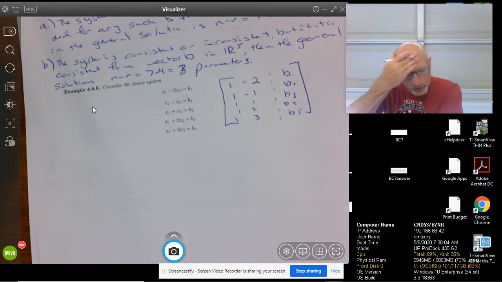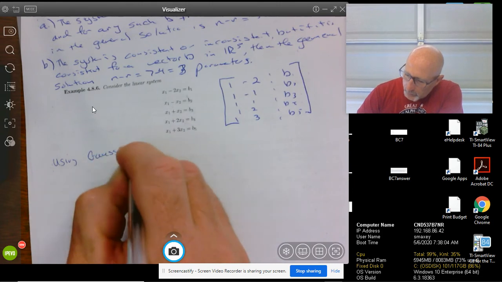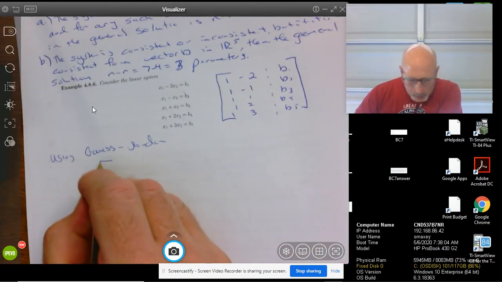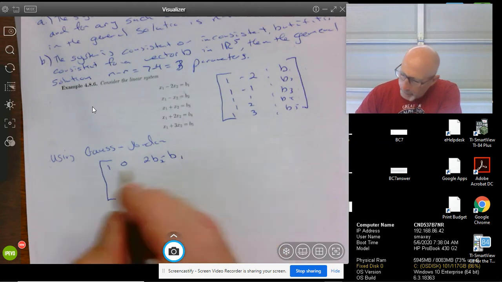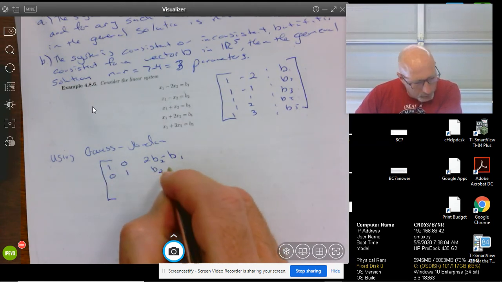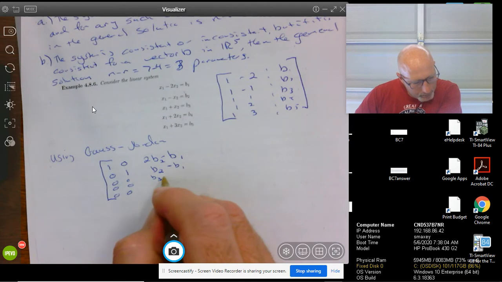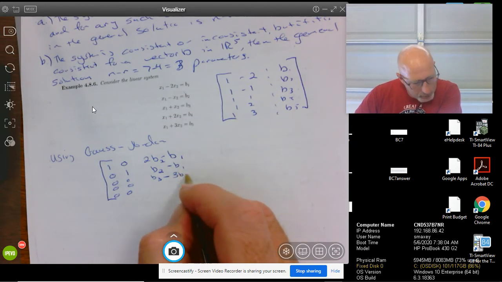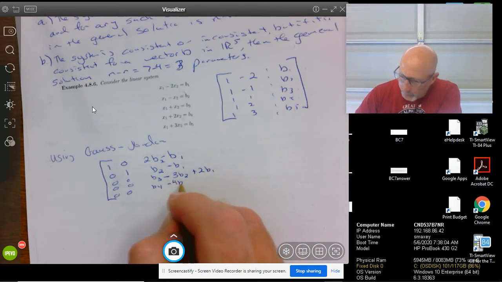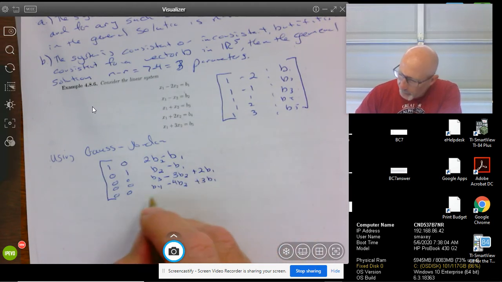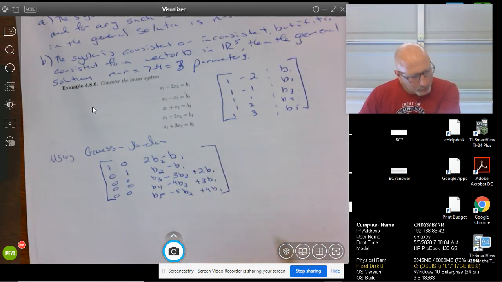Reducing this using Gauss-Jordan elimination, this reduces to 1, 0, 2b2 minus b1, 0, 1, and this is b2 minus b1, and then these are all zeros, and this one's going to be b3 minus 3b2 plus 2b1, and you have b4 minus 4b2 plus 3b1, and the last one is b5 minus 5b2 plus 4b1. Okay, just reducing that.